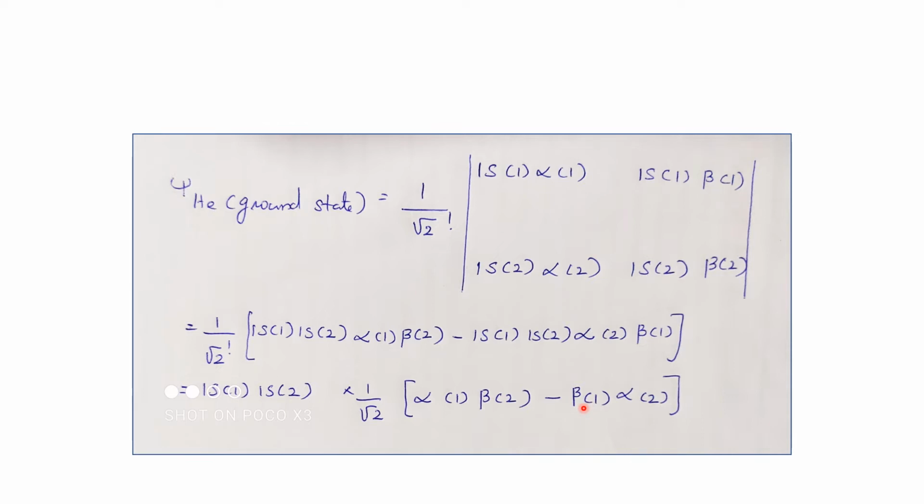The spin part is antisymmetric. The spin wave function for upward spin is alpha and for downward spin is represented as beta.